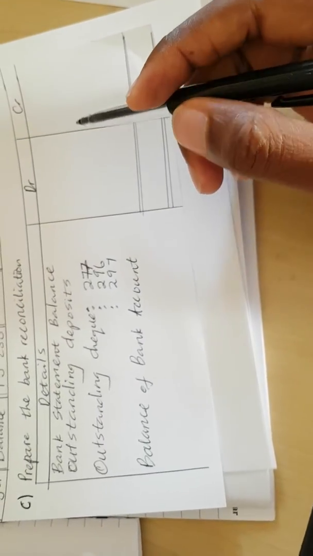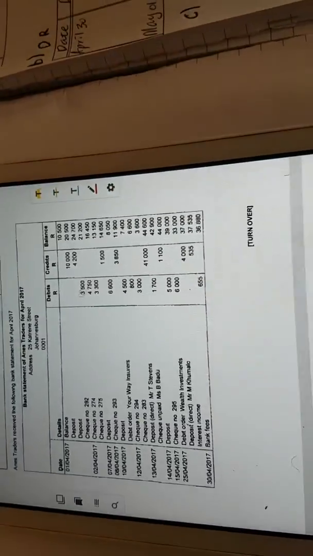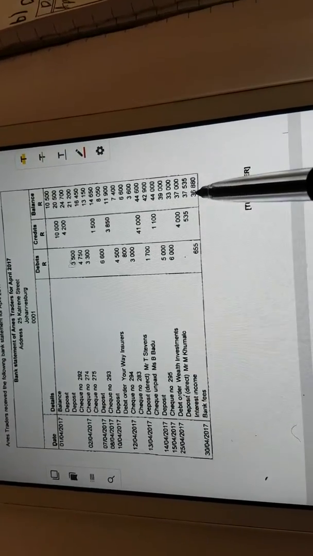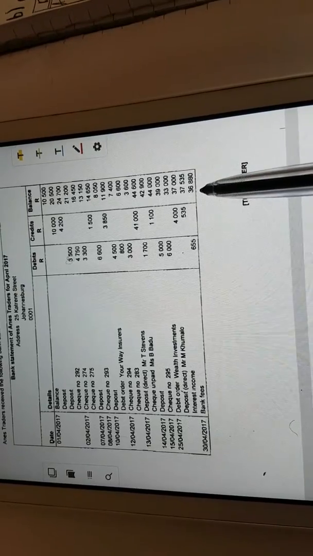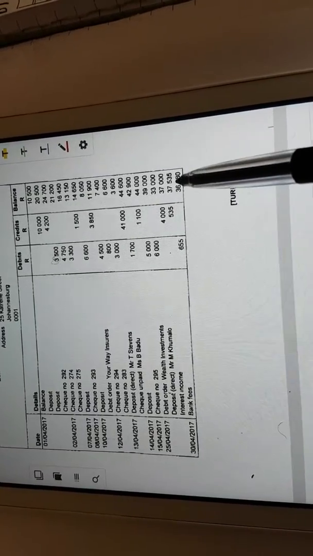Now let's go to our bank statement and see how much balance we had. At the end of April we had a balance of 36,880. Do you see this balance is positive? If the balance is positive, it means it's a credit balance.